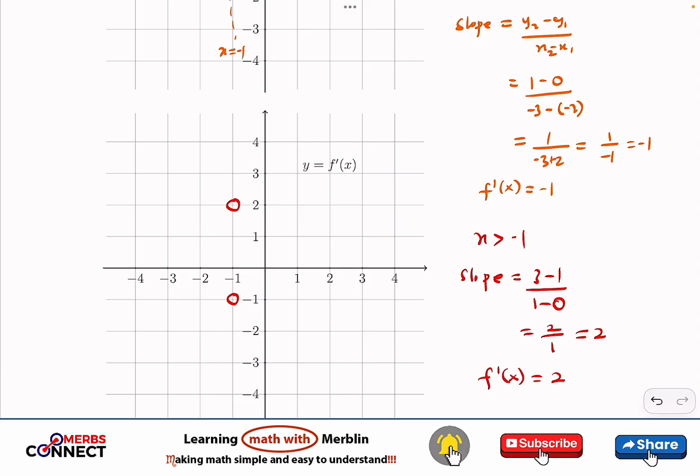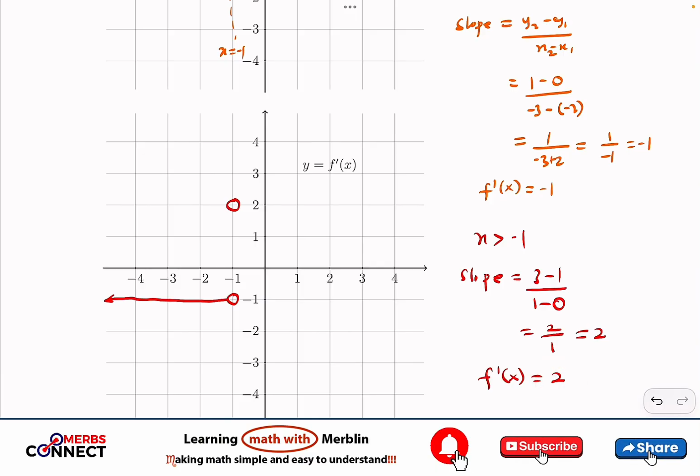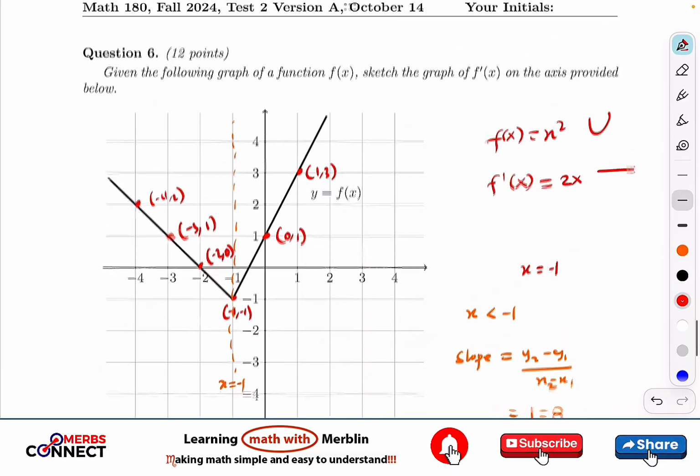This one is constant too. No matter the value of x you pick, when you plug it in, it gives us 2. So this will be the graph for our function.